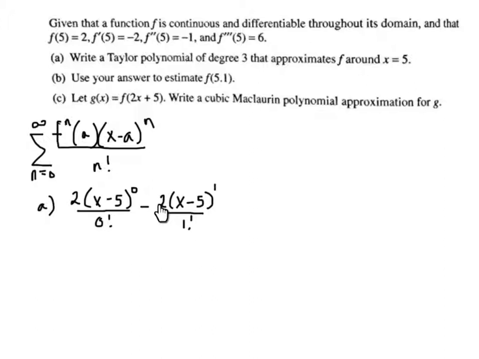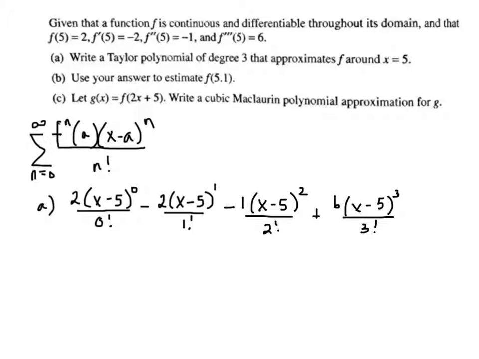First derivative's value, first power, 1 factorial. Okay, so let's keep going here. Now we're doing the second, so negative 1, x minus 5 to the second over 2 factorial. And last, we've got a positive 6, x minus 5 cubed over 3 factorial.